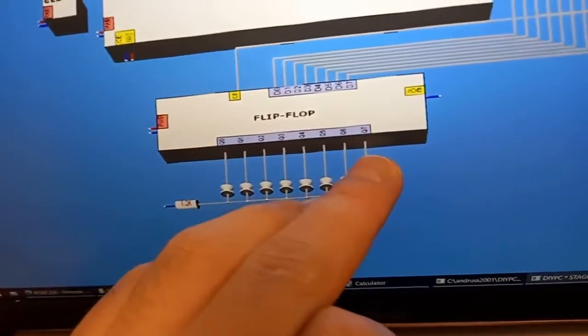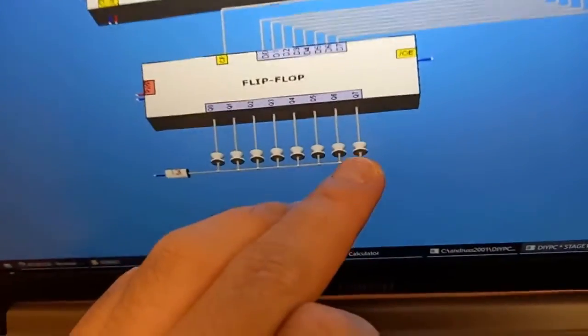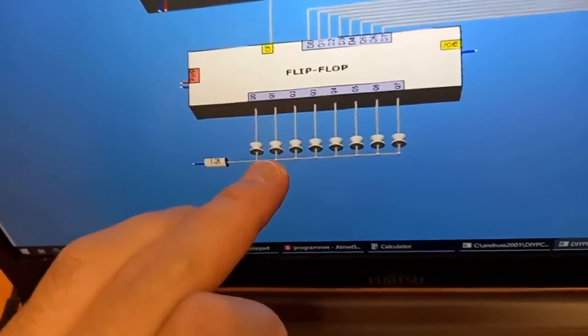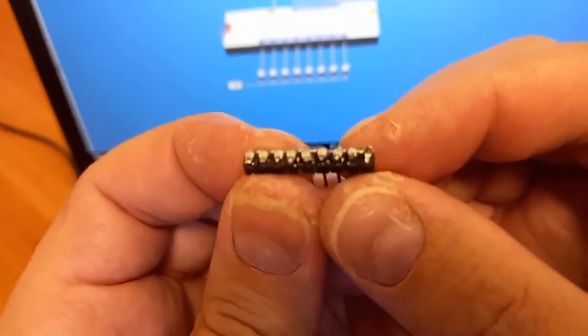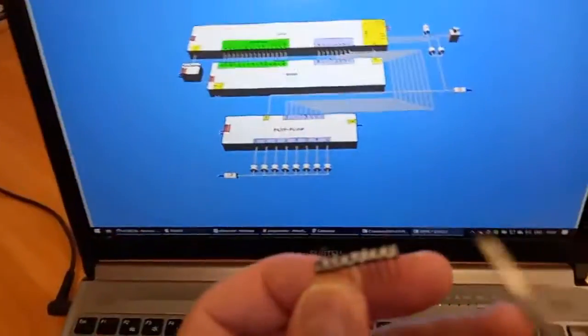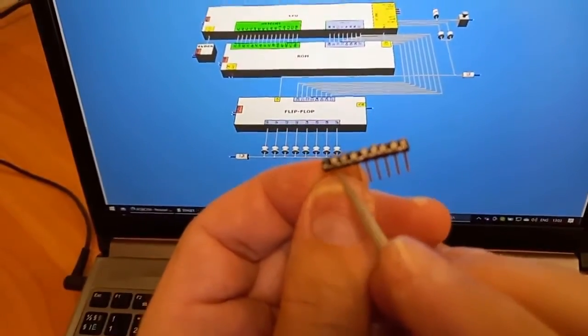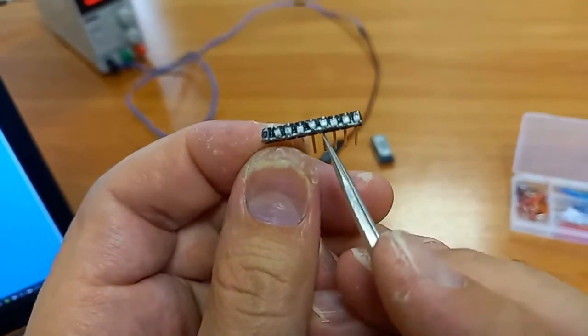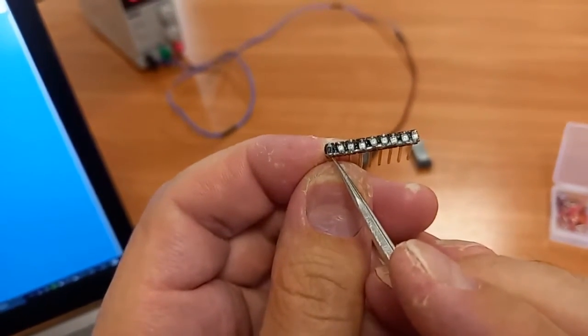We have 8 diodes. Each has its input and output. The outputs are all connected, and they go to a resistor. The outputs of these 8 diodes are all connected, as you see, with this thick metal wire, and go to the resistor.